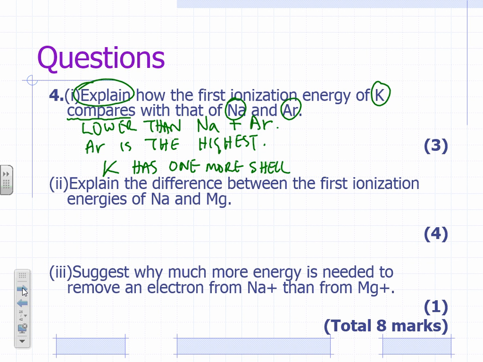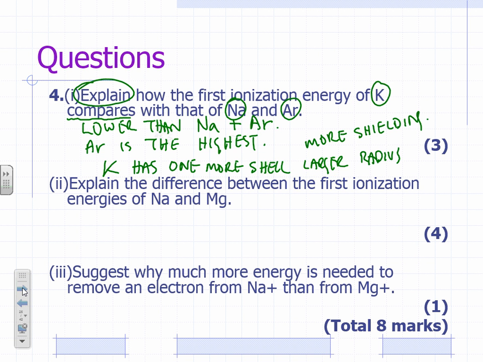So having 1 more shell, it will have a larger radius. There will be more shielding. And as a result, the ionization energy will be lower.